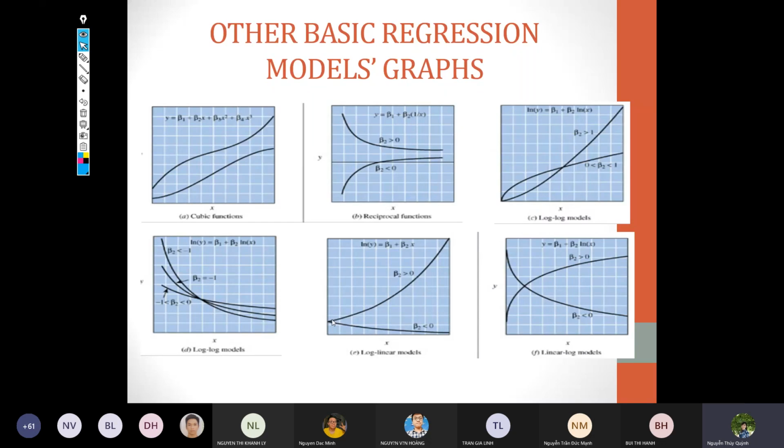Make it clear that we are not talking about a linear regression model; we are talking about a linear relationship between the dependent and independent variables. For example, we have been talking about the two-variable regression model where yi is equal to beta 0 plus beta 1 times xi plus ui.